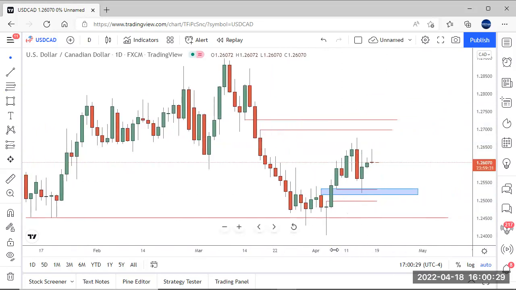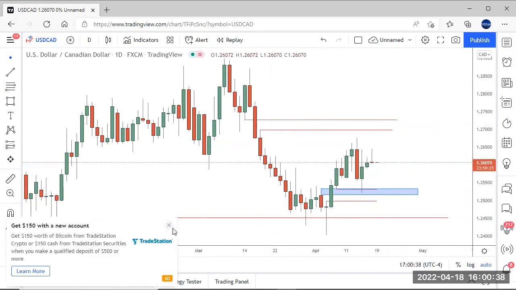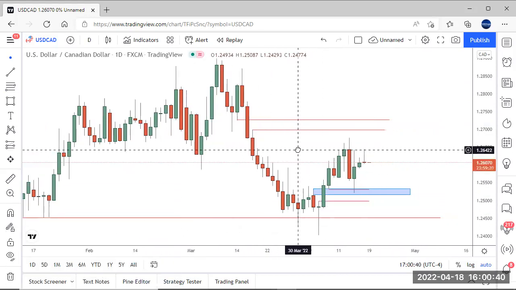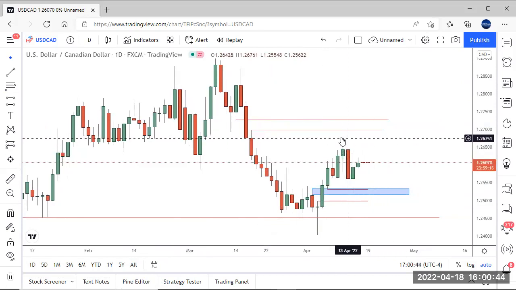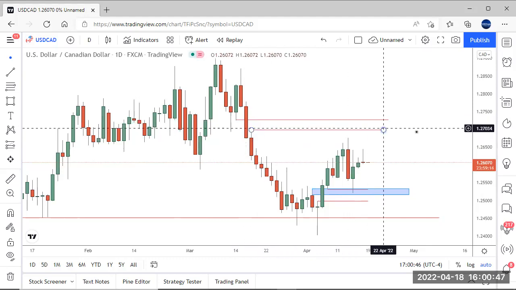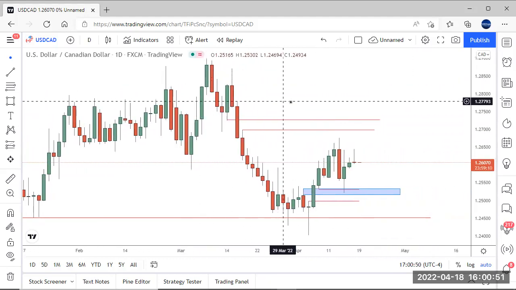I don't ever look at this pair, but this was too sexy not to talk about. In the coming days of this week, I believe we're going to see USDCAD trade higher above this high into this area right here. So that's my thought process on CAD at the moment.